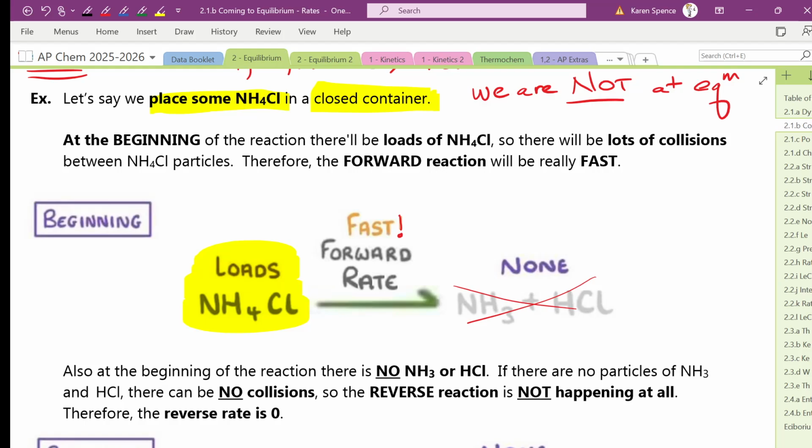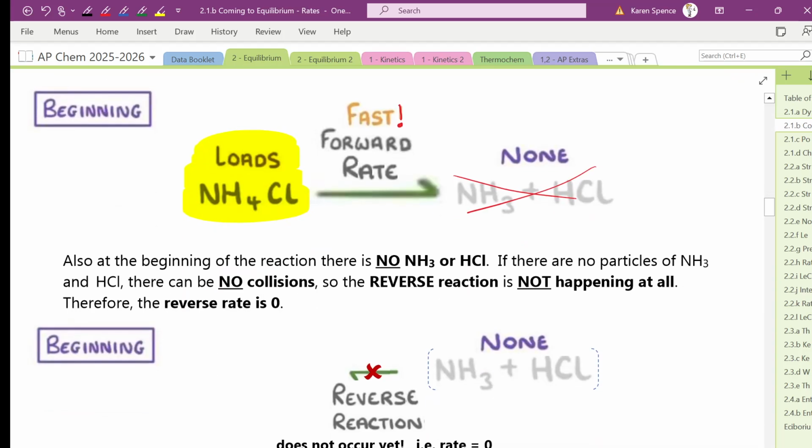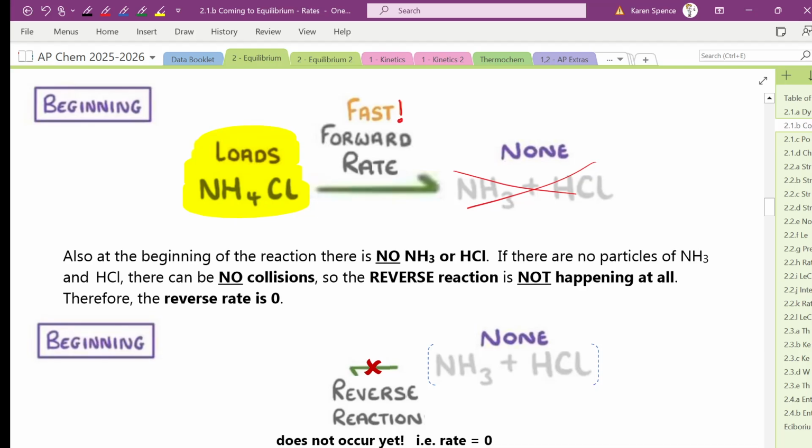There is no rate. It's zero because you cannot have a rate if there's nothing reacting, okay? So our reverse reaction, we have none. The rate is equal to 0. Okay, because we got nothing. So that's at the very beginning.